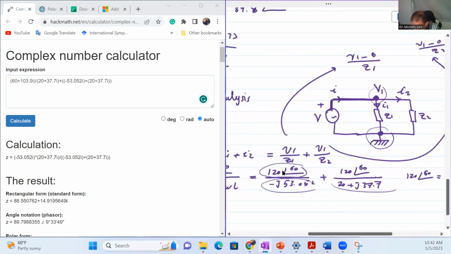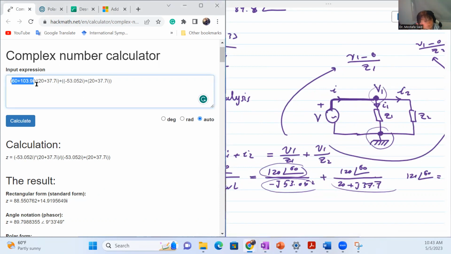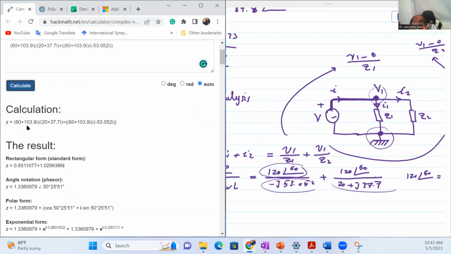We wrote this already, now we write the other component. We copy it and put it here. Let me review very quickly: 60 plus 103.9 j divided by 20 plus 37.7 j, plus the other component, which is this one here. Yeah, it's right. Let's calculate.